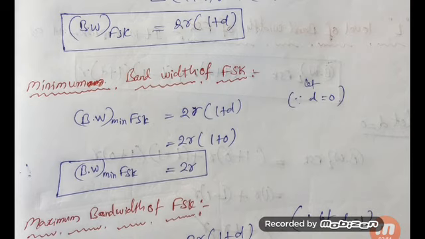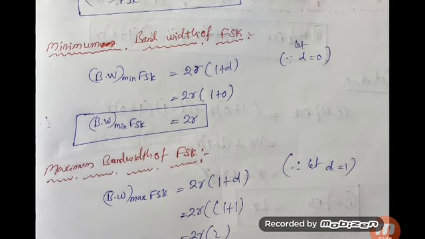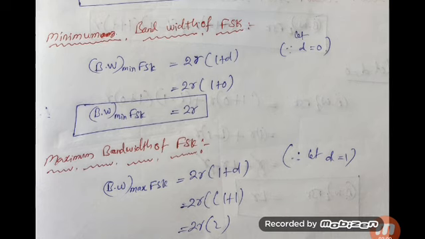And we are also finding the minimum and maximum frequencies of the bandwidth of FSK. For the minimum frequency, let us consider d equal to 0, and for the maximum frequency, let us consider d equal to 1. The bandwidth of FSK is 2r into (1 plus d).